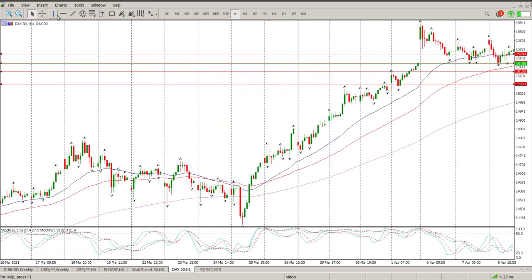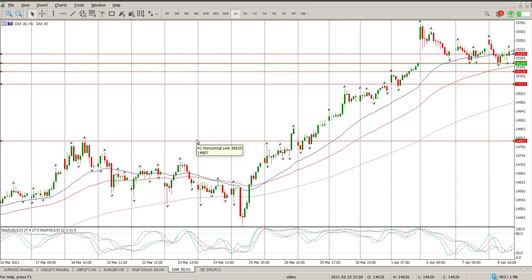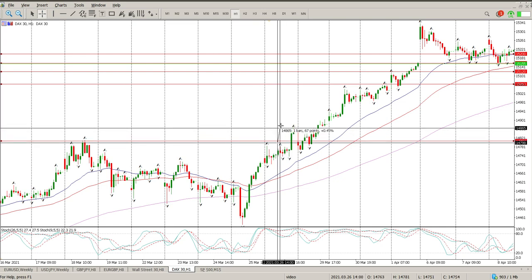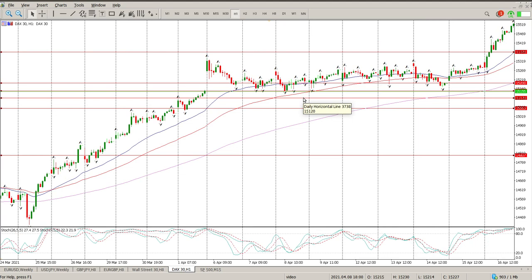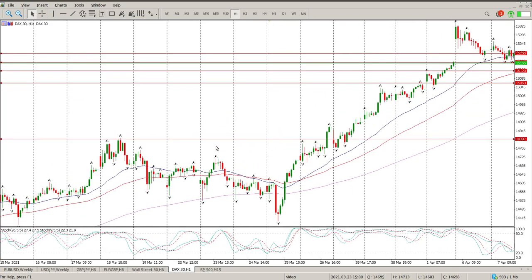I think the next bit of real structure is going to start around here, and that's 14,807, which is around 350 points away from the neckline of the head and shoulders. That's fairly close to where the target is, and you can see there's quite a bit of structure here. I'll take my profit between 14,807 and 14,782.